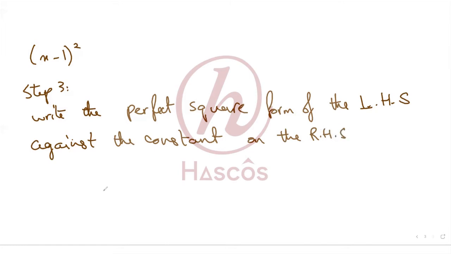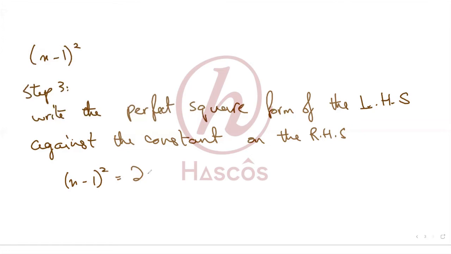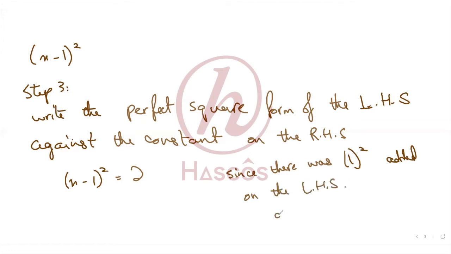So we're gonna first write that the completing the perfect square form is x minus 1 squared, and against the constant on the right hand side, the constant was 2. So we're gonna write 2 over here. And then since there was a 1 squared added on the left hand side, we need to add the same on the right hand side to counterbalance that effect.